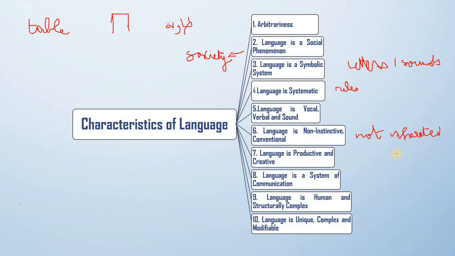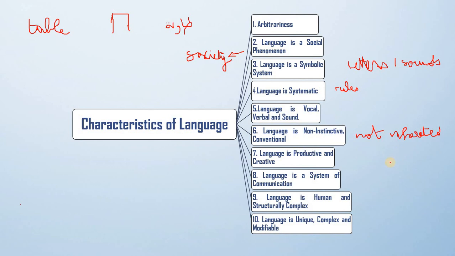Language is a system of communication. It is the only means of communication between the members of the society. So we restate the second characteristic, which is a social phenomenon.